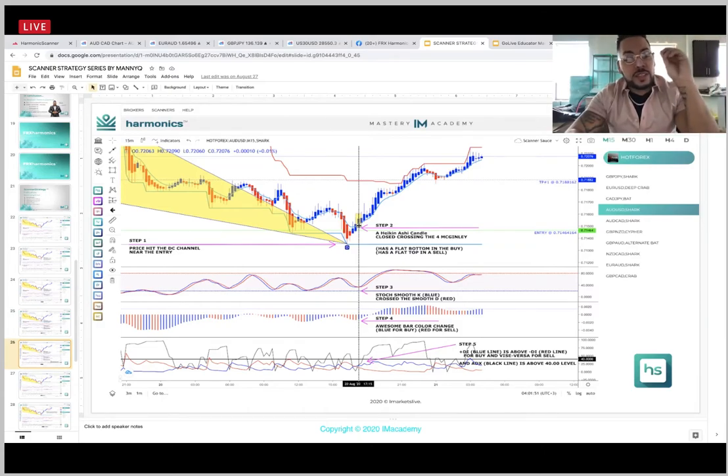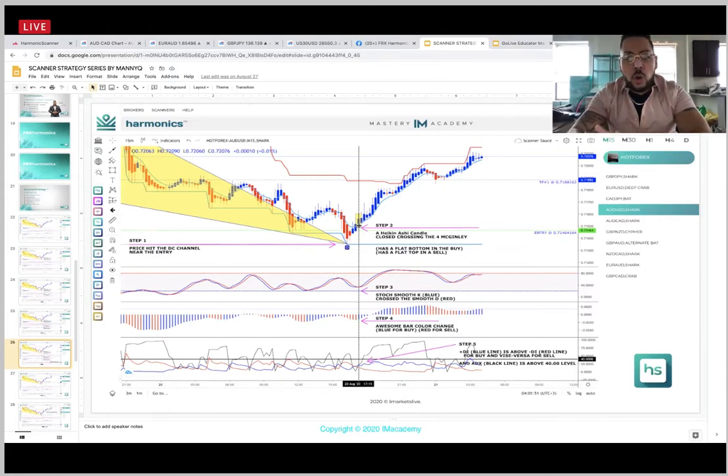Not only will this help you with the harmonic scanner, but this will help you with any strategy that you're trading in the company. And when I say any, I've gotten the feedback. I've seen traders use this with Gold Cup, with US 30, with Teacups, with DeLorean, with Steady, with levels.